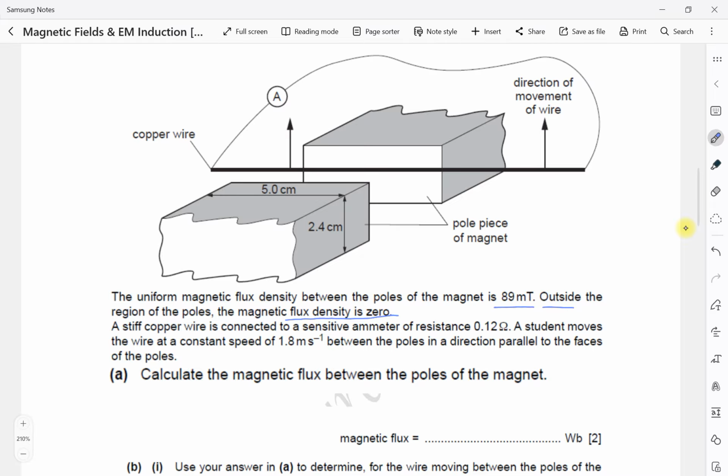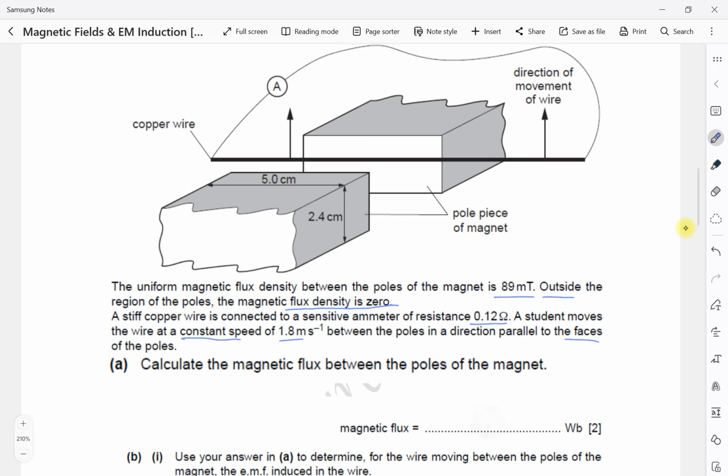A stiff copper wire is connected to a sensitive ammeter of resistance 0.12 ohms. A student moves the wire at a constant speed of 1.8 meters per second between the poles in a direction parallel to the faces of the poles. Calculate the magnetic flux between the poles of the magnet.